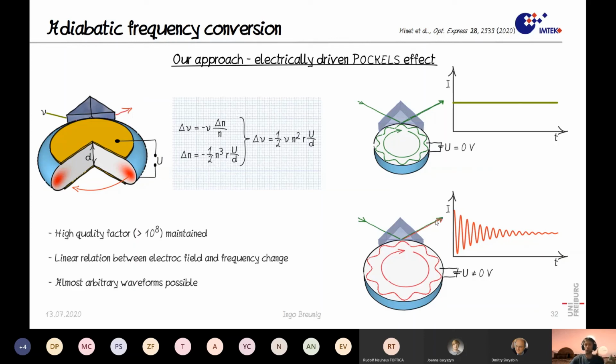And these two components form a beat signal that decays with the decay time of the cavity. So that's the idea. So if you observe this ring down here, this oscillation, this beat signal, then you know you have just converted the frequency of the internal resonator light.